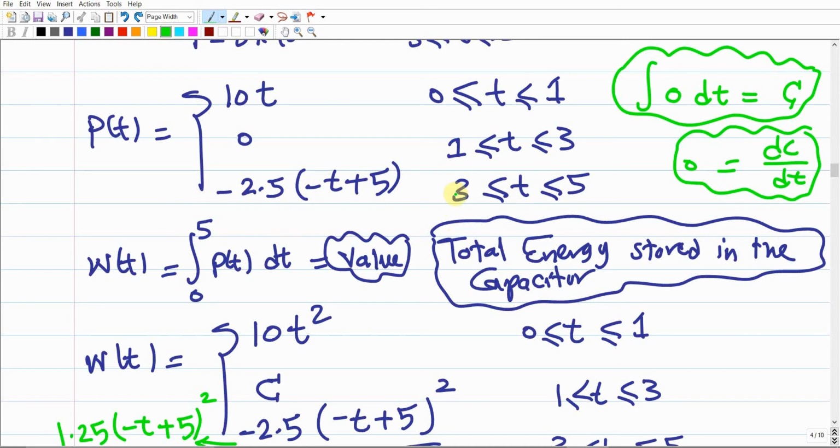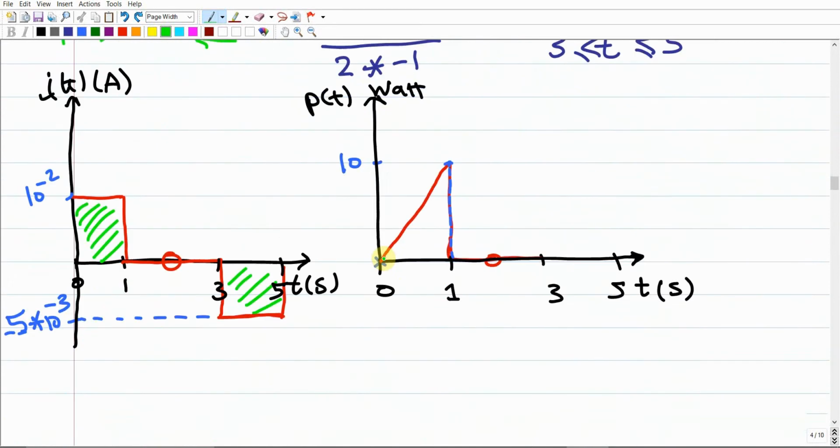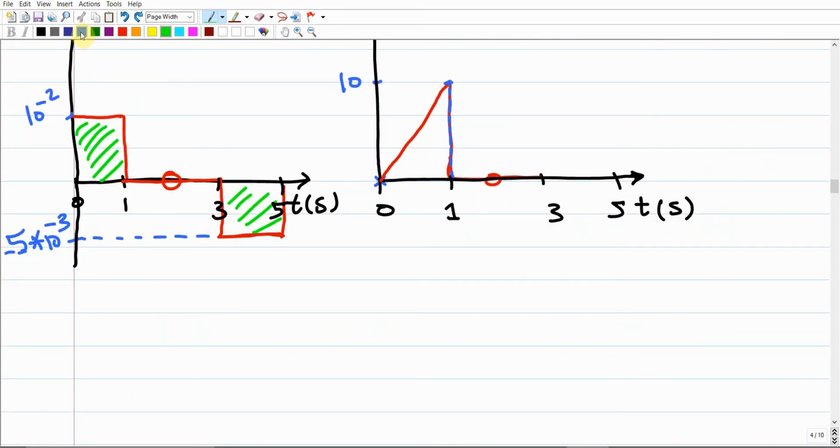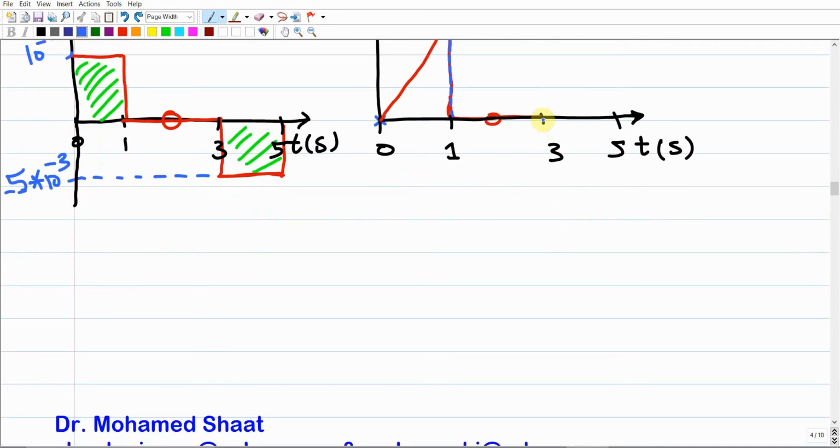As usual, plug in t equals 3 once and t equals 5 once. So if we substitute for t equals 3 within this function, it's going to be negative 3 plus 5 times negative 2.5. This is going to give us negative 5. So the power when t equals 3 should be negative 5.